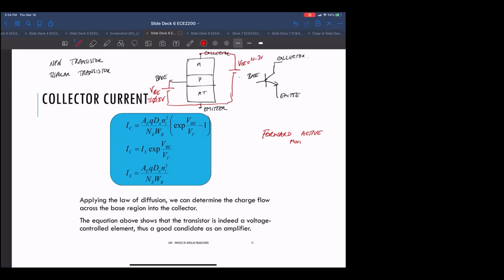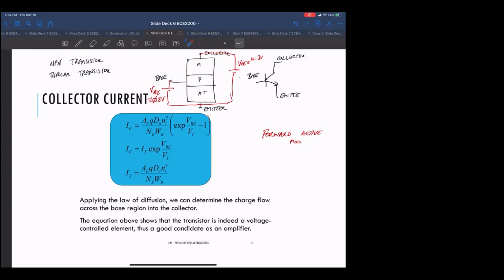It needs to be high enough that this guy's in reverse bias, the base collector. Notice that the base is 0.8 volts from the emitter. So if the collector is 1 volt from the emitter, the collector is 0.2 volts higher than the base.